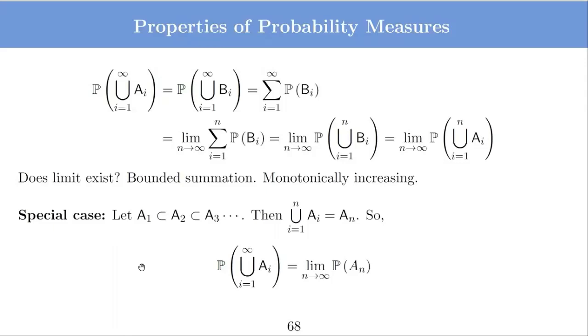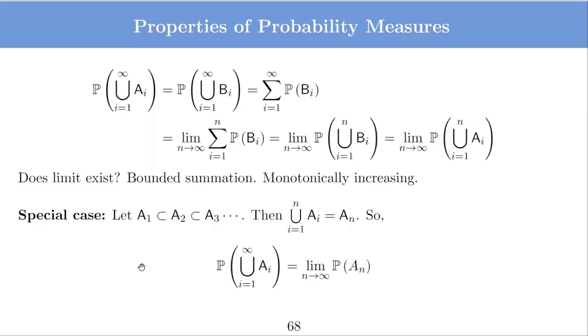Now, from the limit argument, we know that the summation of a series is nothing but computing the partial sums and taking n to infinity. That is the definition of a series summation. So this will be equal to the limit as n tends to infinity of the summation of P(Bi).